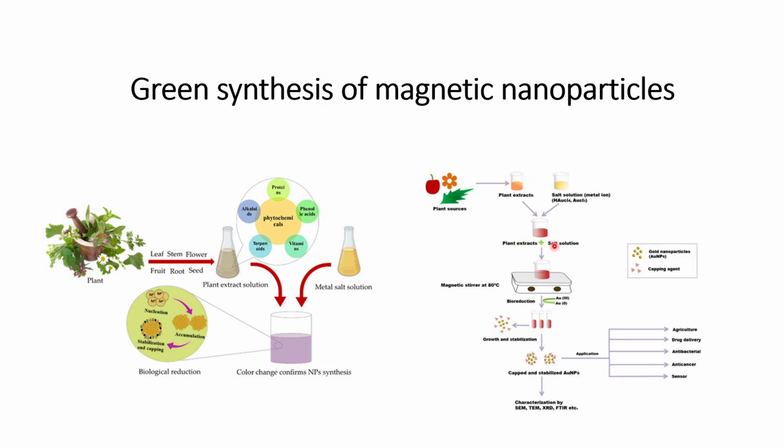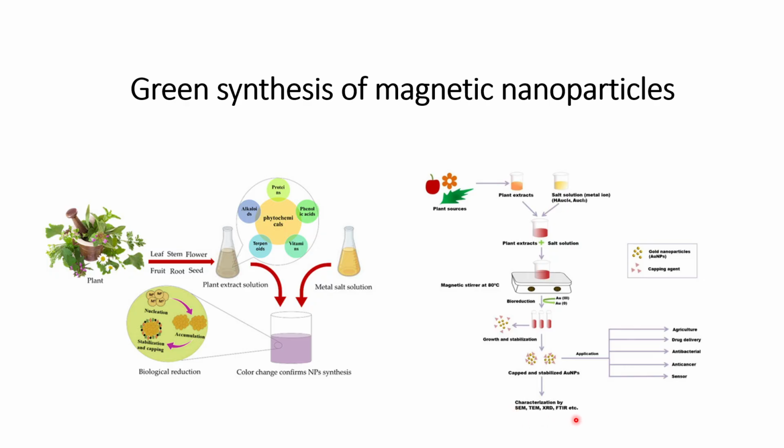This plant extract and salt are then agitated on a magnetic stirrer at 80 degrees, and that leads to the bioreduction of the gold from the Au3 state to the Au0 state, the reduced state, and that leads to the growth and stabilization of these gold nanoparticles.